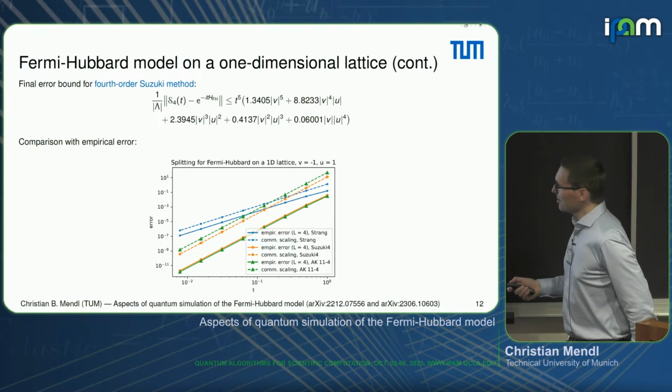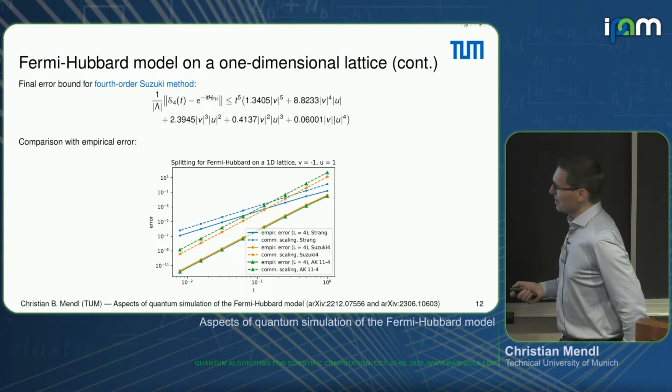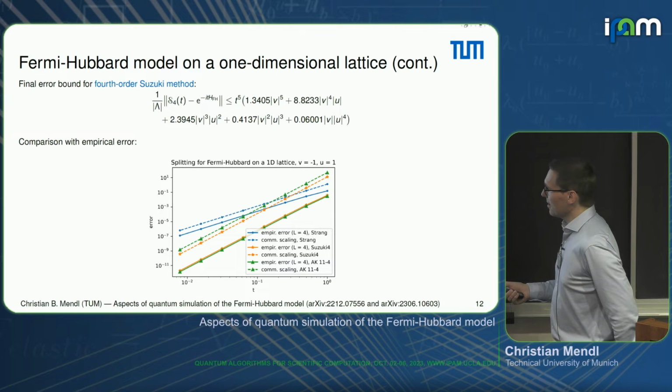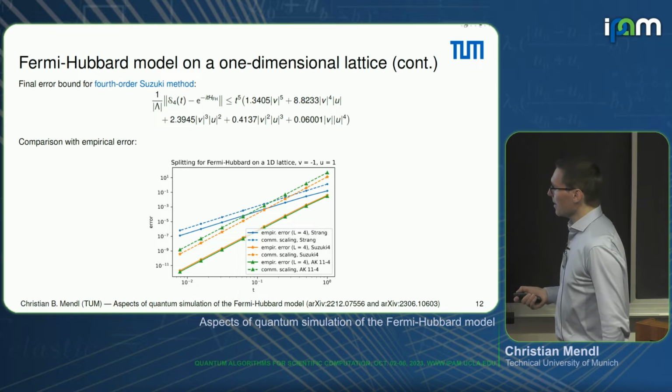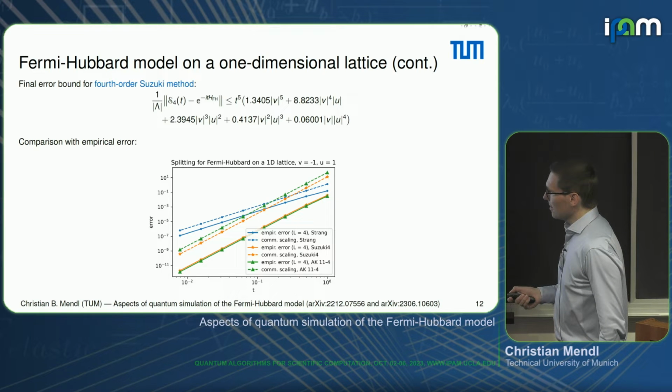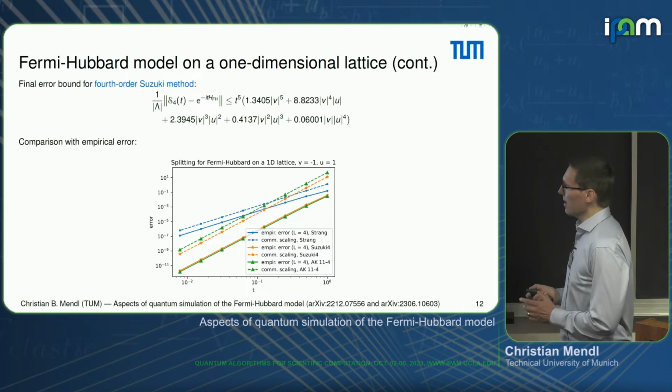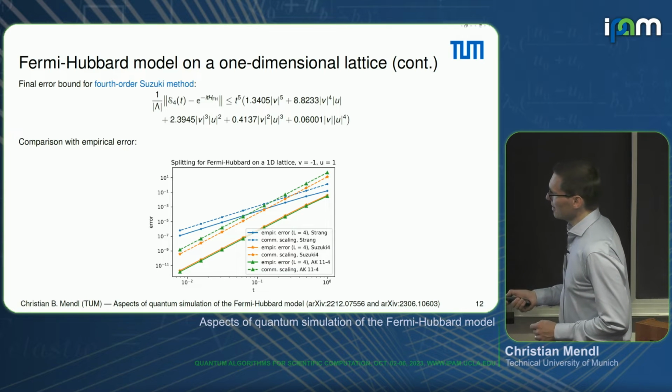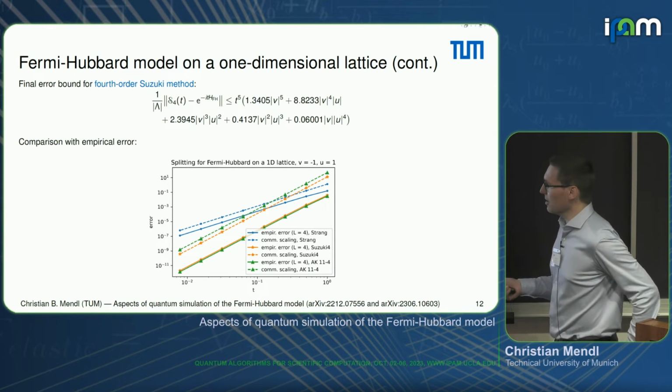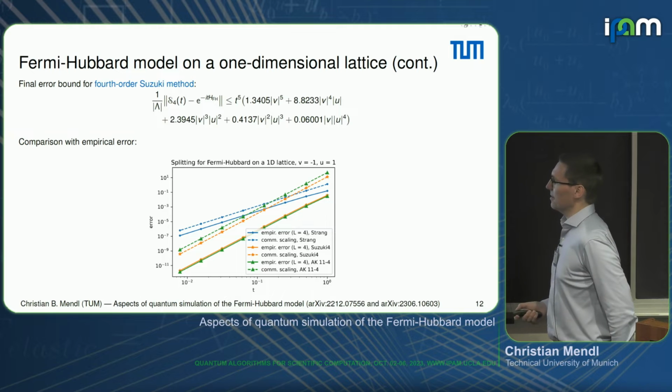One slightly interesting observation is that these green and orange lines are 2 4th order methods. Our error analysis would predict that the orange one has a lower error, but the empirical ordering is reversed: the green one performs a bit better than the orange one.